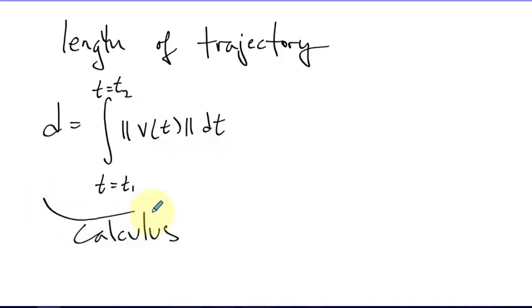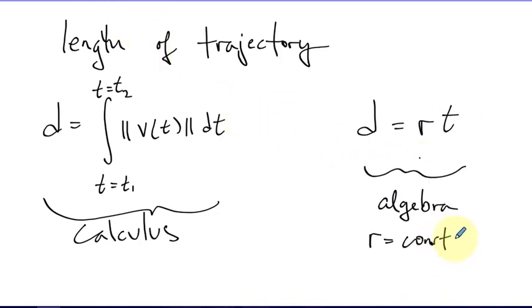You could say that what we're doing here is calculus, and before calculus you just have this principle where you might have a constant rate or average rate.